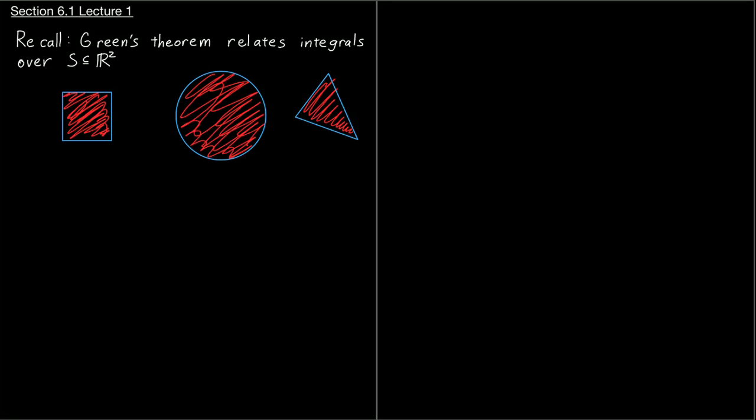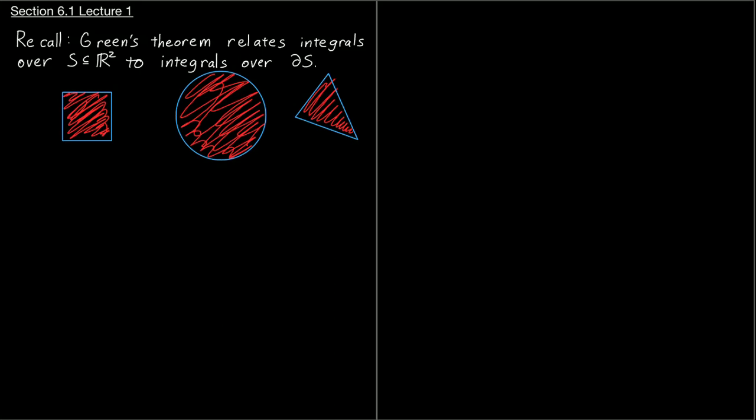So we are going to need to talk a little bit about the kinds of sets that show up as boundaries of reasonably nice domains in R2.